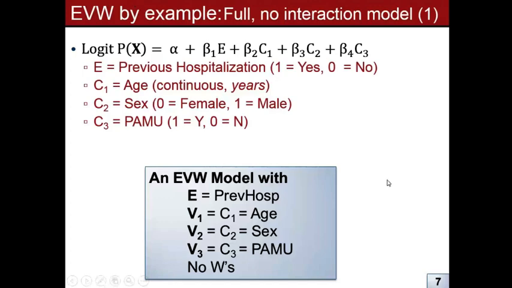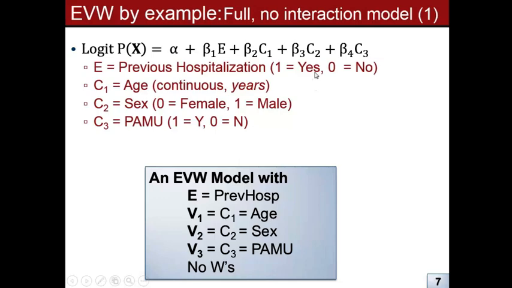So this is an EVW model with 3 control variables, and they're all starring in a confounding role. V1, V2, V3 is age, sex, and PMU. These C variables, these control variables, are all being controlled for as confounders. The reason that we're saying they're being controlled as confounders is because they're being controlled for and they don't involve the exposure.